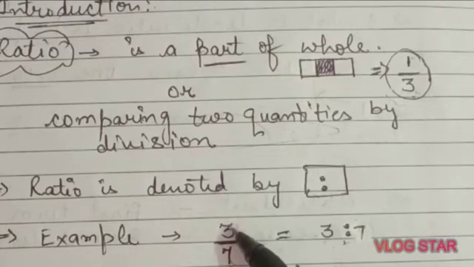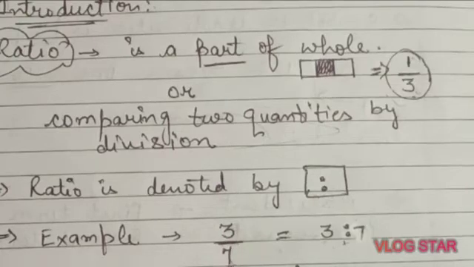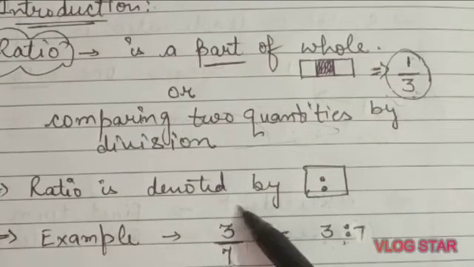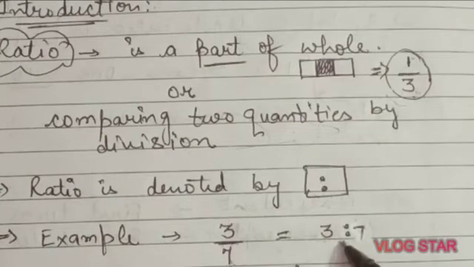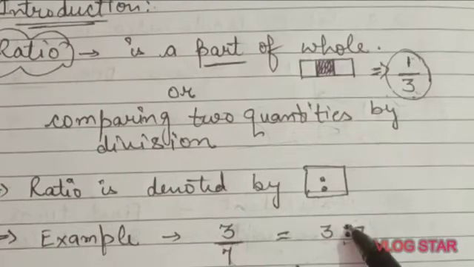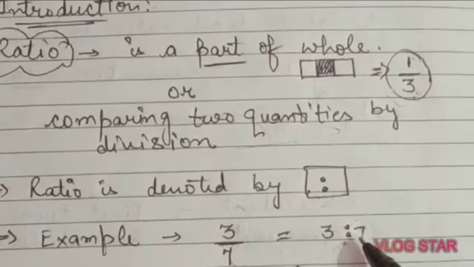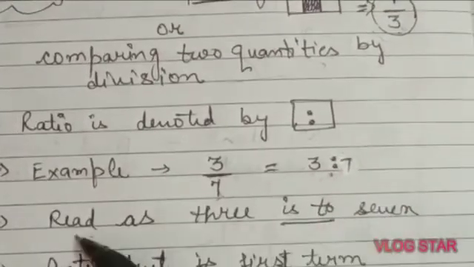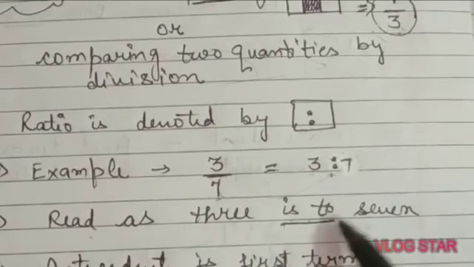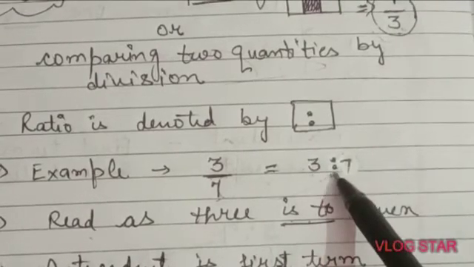I have written a fractional form 3 divided by 7. Clear? This fractional form we convert into a form of ratio by using these two dots. 3 is to 7. We will read it as 3 is to 7. So this is a symbol of ratio.